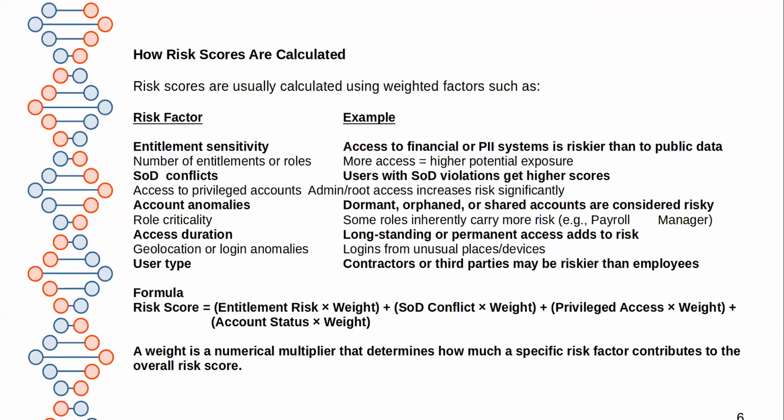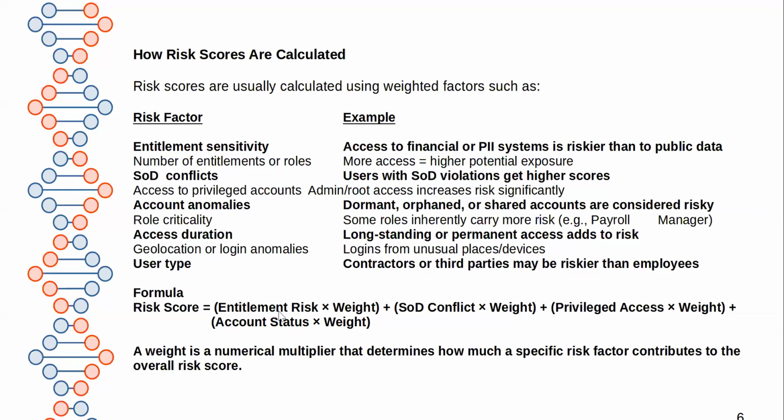Okay, so I was on entitlement, risk, and weight. This is what I was talking about. Now, for my organization, entitlement risk is more important. My managers and my management have told me clearly to forget about SOD conflict, forget about privilege access, forget about account status.